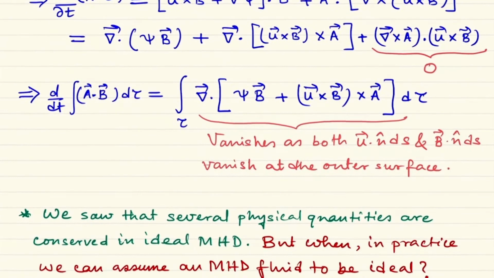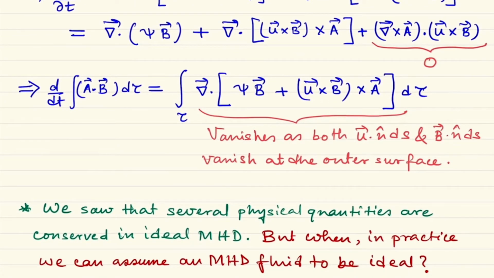So that's why the conservation of magnetic helicity is a very robust property of a fluid, irrespective of its closure, irrespective of its compressibility.